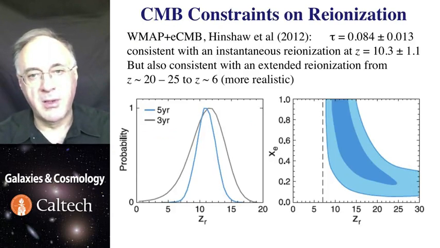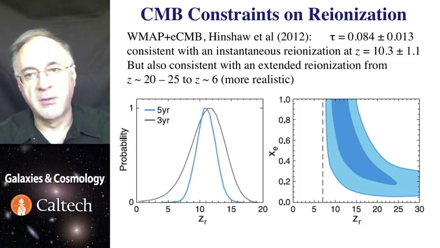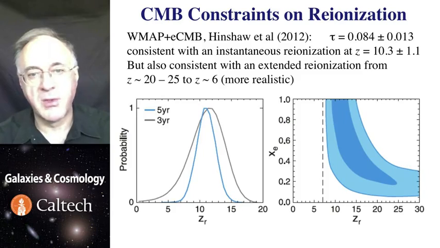Now, the more modern analysis of the microwave background data gives us optical depth due to free electrons, which come from ionization of hydrogen, and have a peak of reionization around redshift of 10 or so.